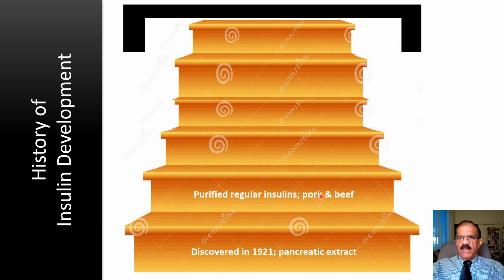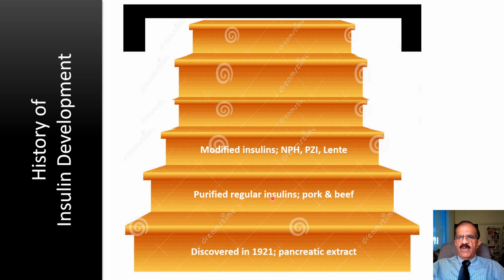Pork insulin was much closer to human insulin. It differs by only one amino acid. Beef insulin differs from human insulin by 3 amino acids. But because of religious or cultural reasons, in our country we never had pork insulin, but we did have beef insulin. It's not available now, but it used to be available about 20 years ago. Then we have modified insulins, NPH, PZI, and Lente, because the purified regular insulin has a short duration of action.